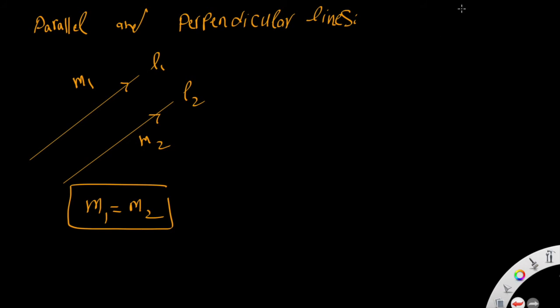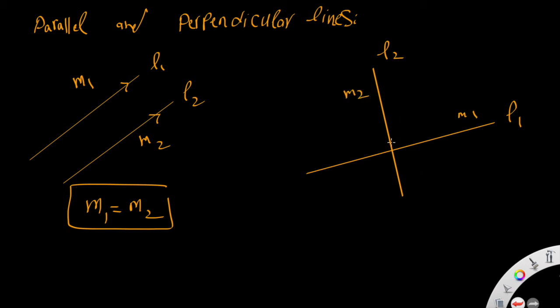Now, what about perpendicular lines? See, it is L1, L2, it is M1 and M2, and they make an angle of 90 degrees here. When two lines are perpendicular, the gradient of the second one is the reciprocal and opposite sign of the first one.